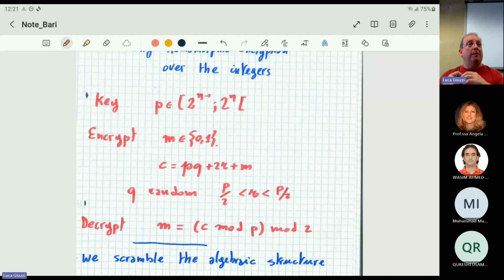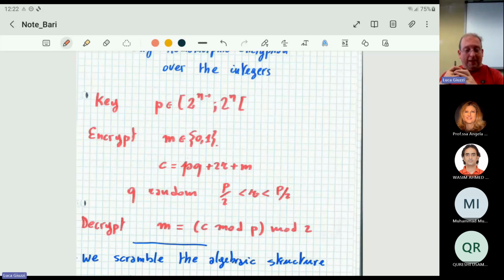And nowadays, there are many people studying problems in fully homomorphic encryption because it would allow you to compute on encrypted data without having to decrypt them. Think about a search engine which replies in a meaningful way without anybody knowing what you have been asking, which would be quite interesting from a privacy point of view.